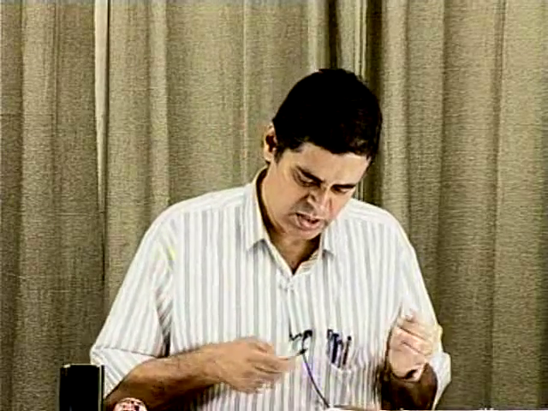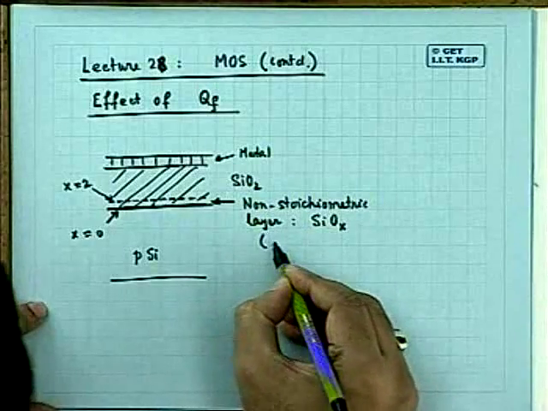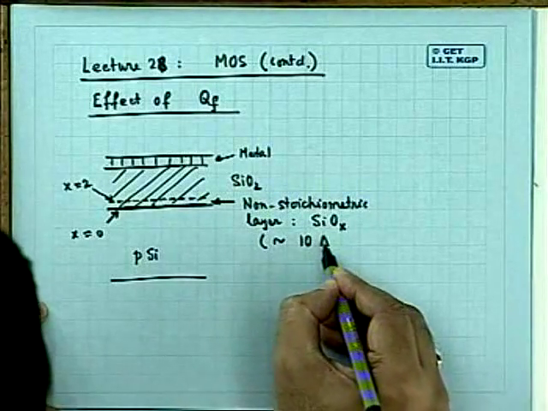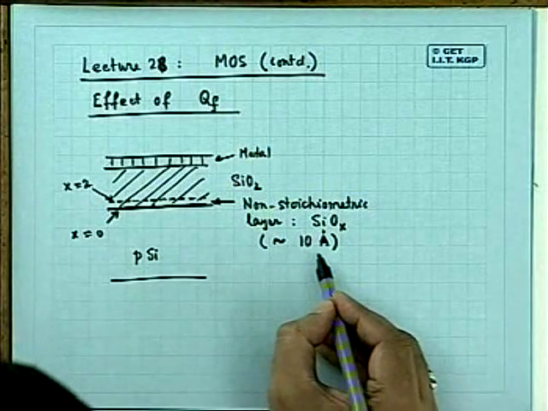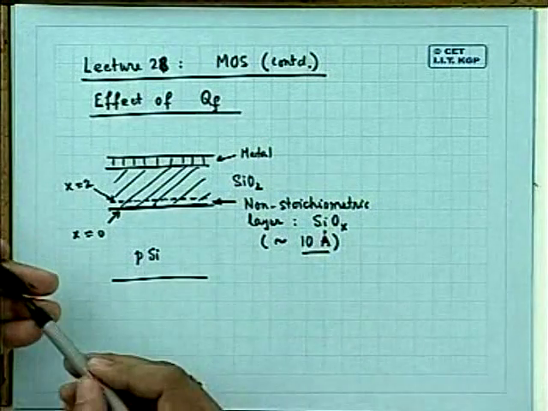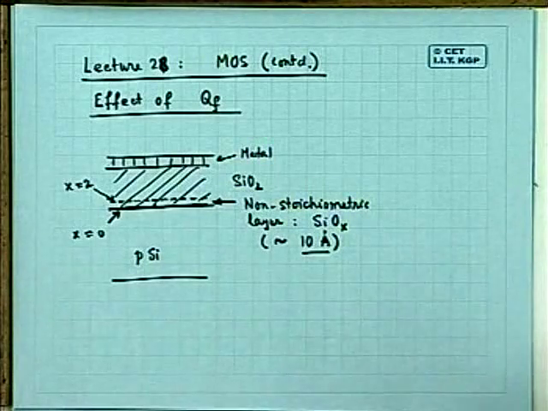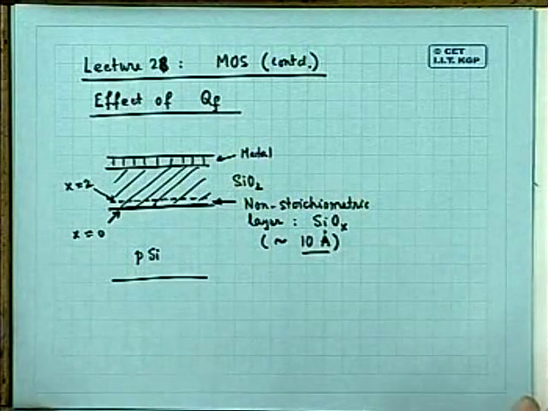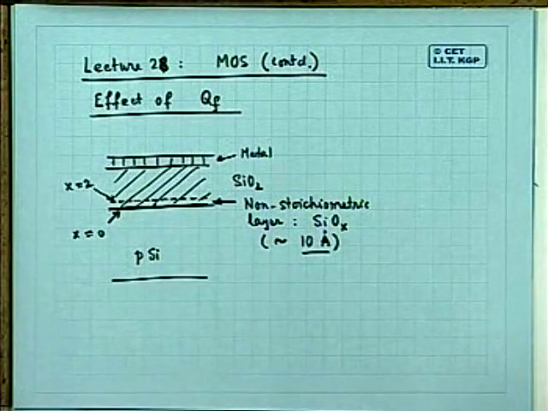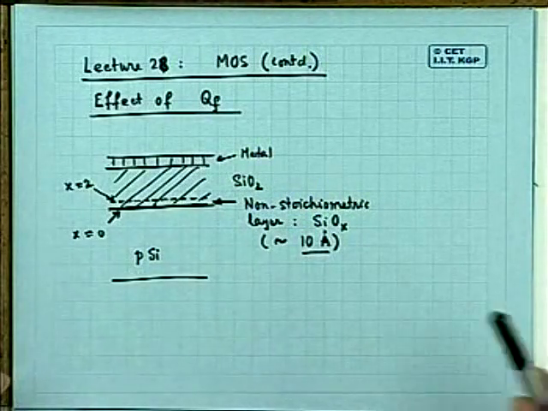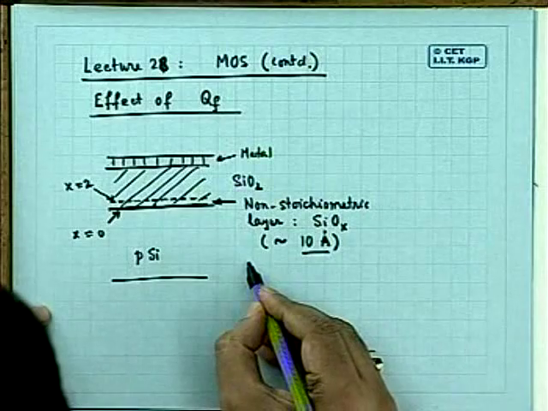But in this very thin film, the thickness of the non-stoichiometric layer is around 10 angstrom. Over this 10 angstrom layer, there are many unsatisfied bonds which are called dangling bonds.